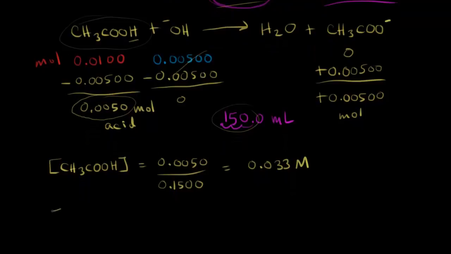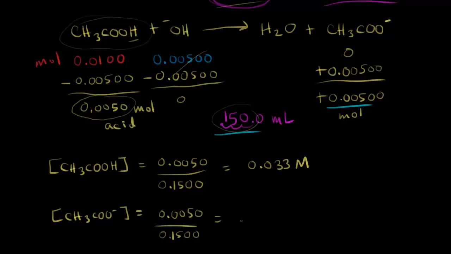All right, what about the concentration of acetate? The concentration of acetate anions in solution would be equal to, look at the numbers, they're the same. We have 0.005 here, and once again our total volume is 0.150, so it's the same calculation, 0.0050 over 0.15. And we would therefore also get a concentration of 0.033 molar.